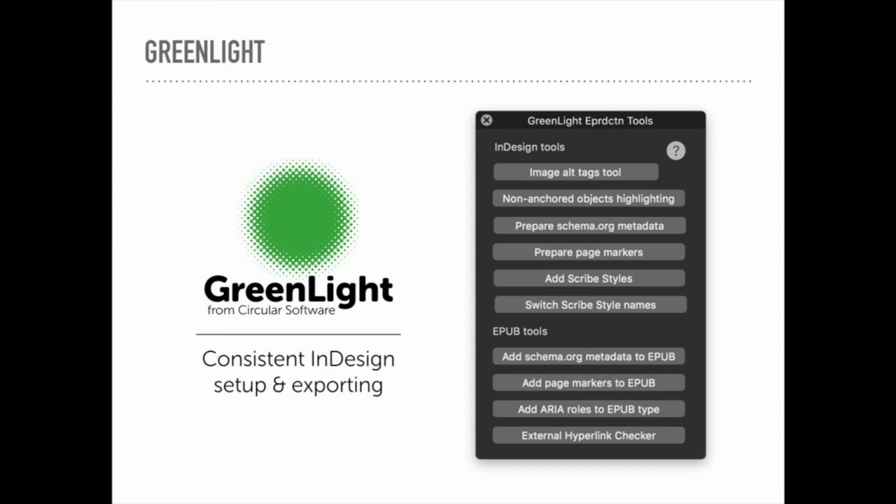So things like adding page markers, so we have a better way to drop into the page at a certain time, and this can be for reflowable EPUBs as well as fixed layout EPUBs. So page markers, alt tags, so being able to better add and more quickly add in alternative text for all the images in our content. Aria roles is another one.